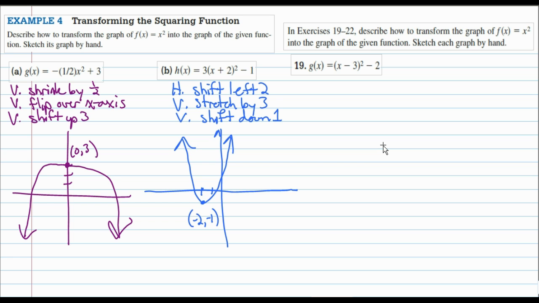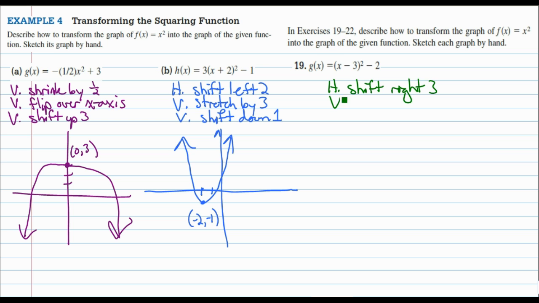The now try problem for example 4 is number 19. Number 19 says describe how to transform that function. So let's describe it. First, there is a horizontal shift right 3. Then, only one more, a vertical shift down 2.